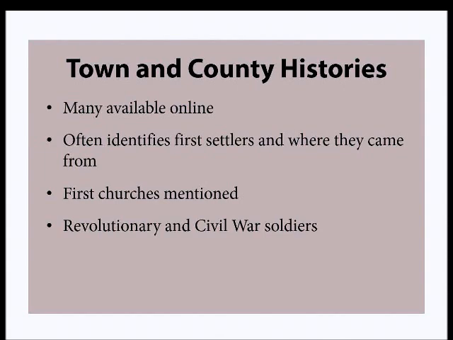And the first churches are almost always mentioned, which is helpful if you're searching for one of the very earliest settlers and you want to know where they went to church. And many town and county histories include complete rosters of the Revolutionary and Civil War soldiers who came from the particular town.